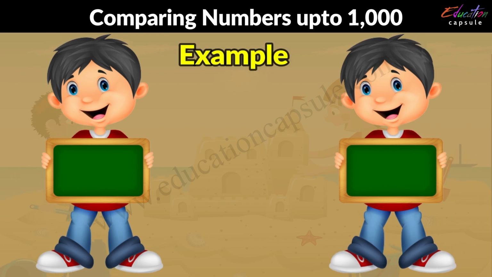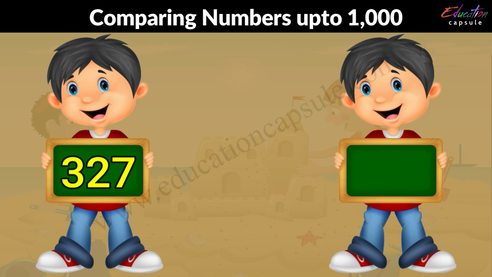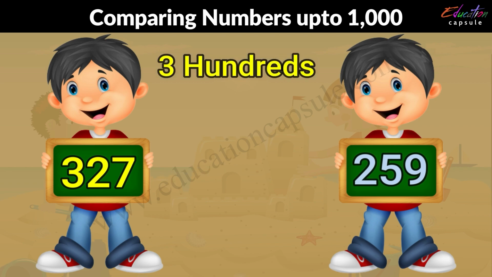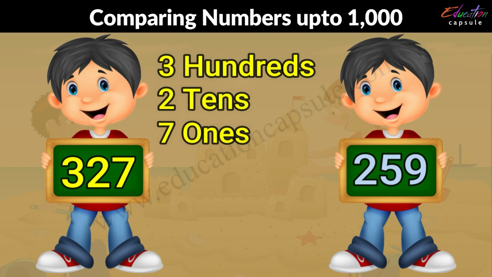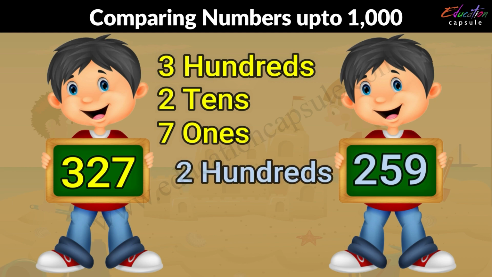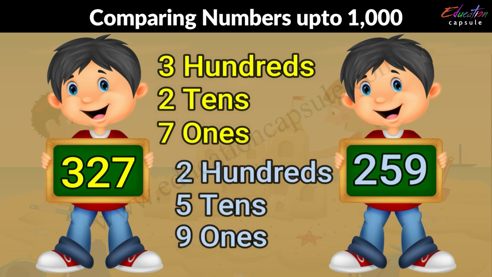For example, there are two numbers, 327 and 259. So here, first we will partition 327 into 3 hundreds, 2 tens and 7 ones. Similarly, we will partition the number 259: 2 hundreds, 5 tens and 9 ones.